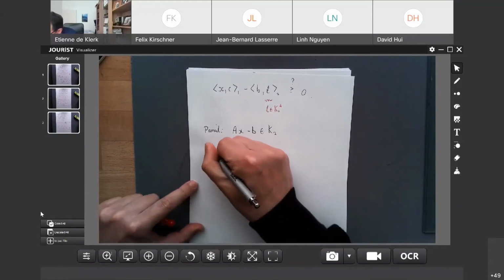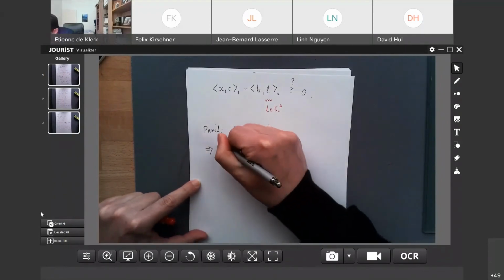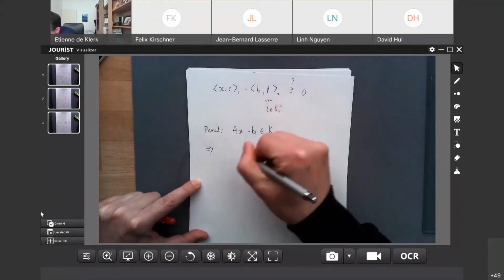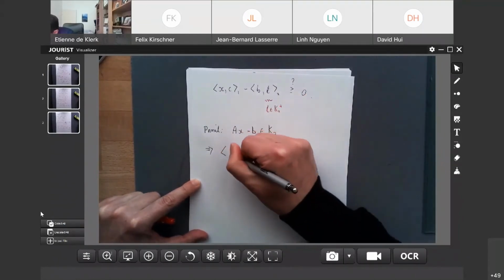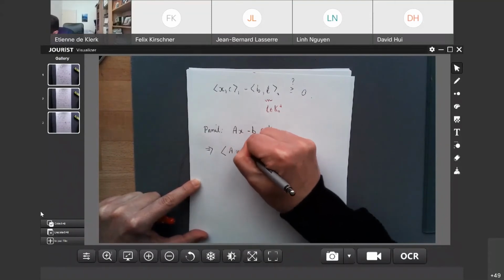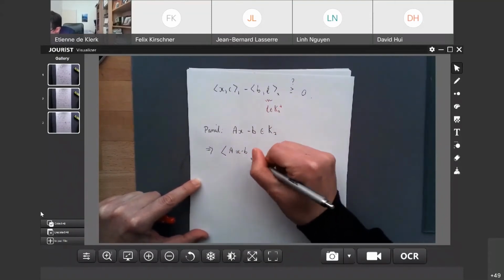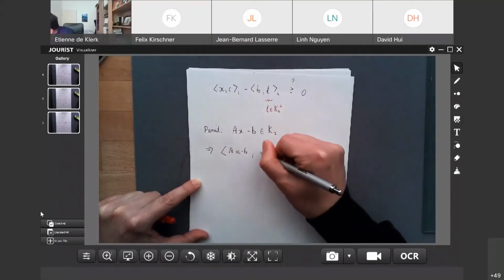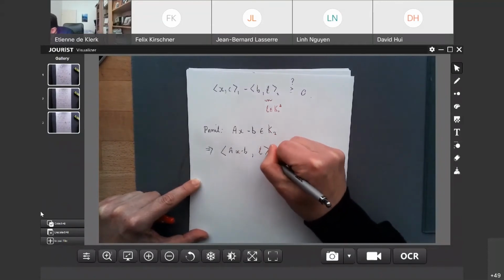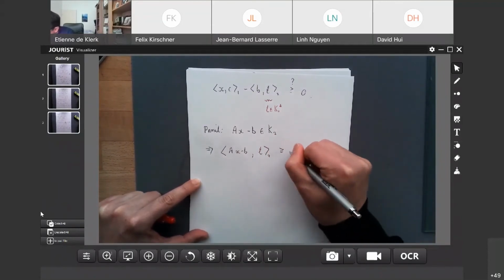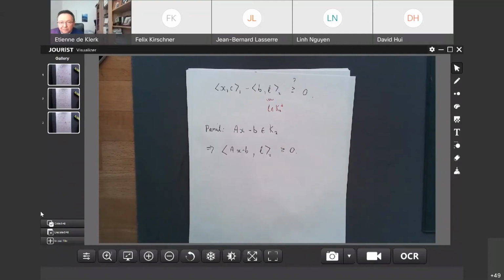So in terms of the duality relation, this vector AX minus B that belongs to K2, if we take the right duality with L, and this right duality is the 2 duality, then this has to be greater equal 0. This is just by the definition of the dual cone.